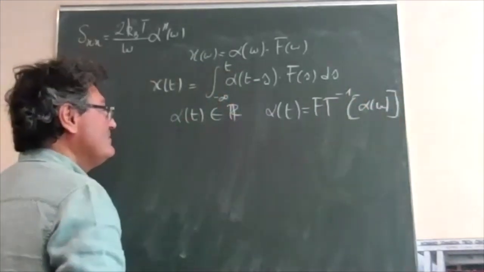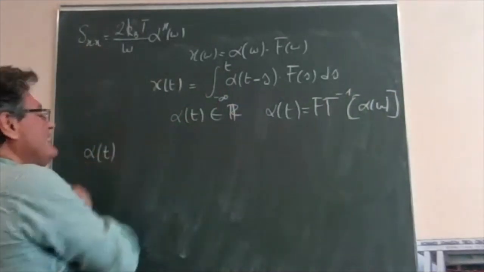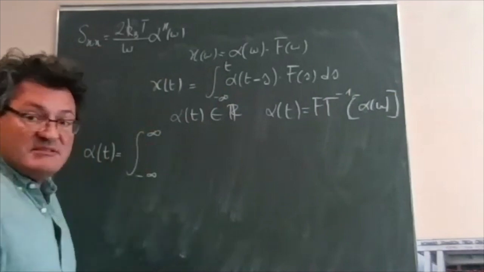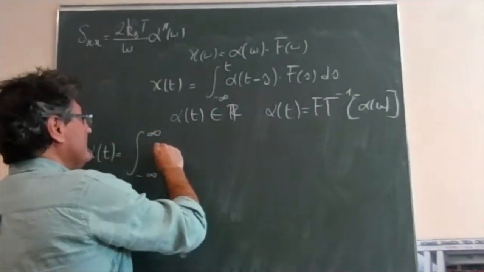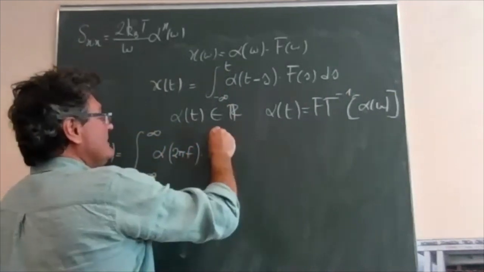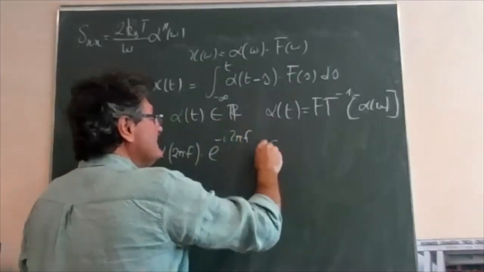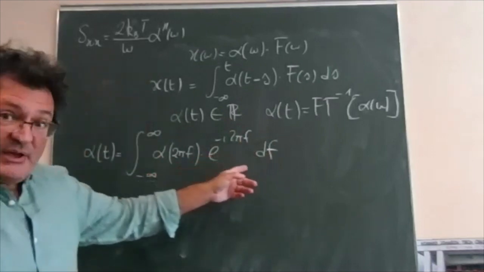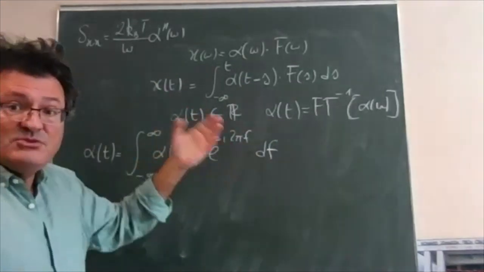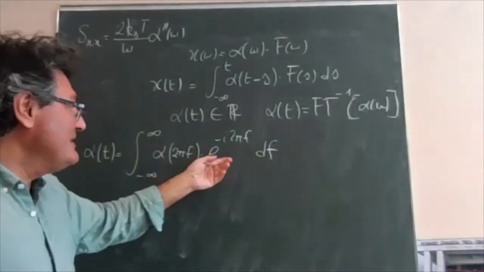Let's continue. Let's see what it means. So alpha of t is equal to the integral from minus infinity to plus infinity of alpha of 2 pi f times e to the minus i omega t df. So written in this way, separating omega from f, you should not use any 2 pi.